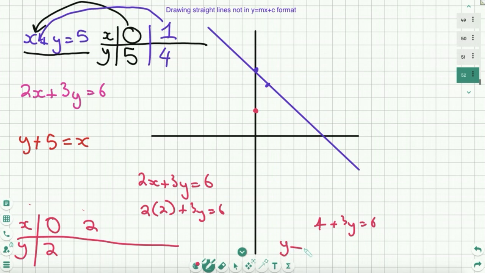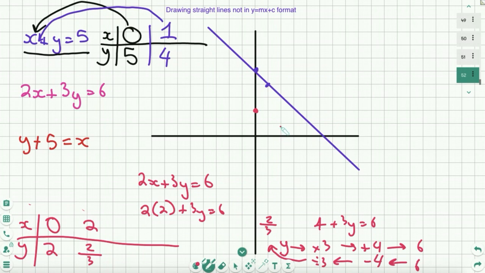So y is being multiplied by 3, then being added by 4 to make 6. Let's work backwards. 6 minus 4, divided by 3. So 6 minus 4 is 2. 2 divided by 3 is just 2/3. Whatever, guys. Let's just leave it at that. 2/3. So that's our second coordinate: 2, 2/3.